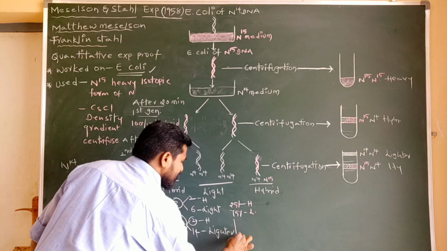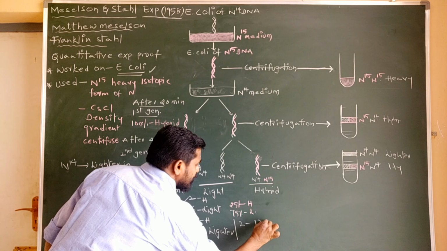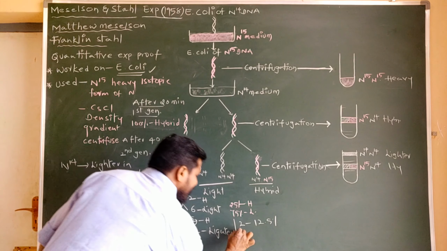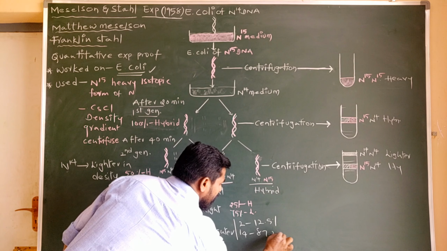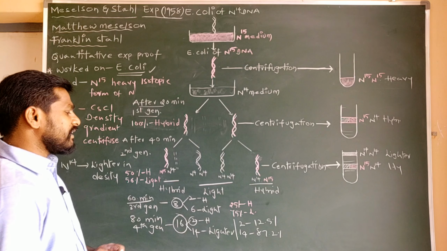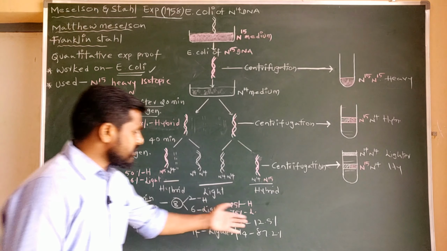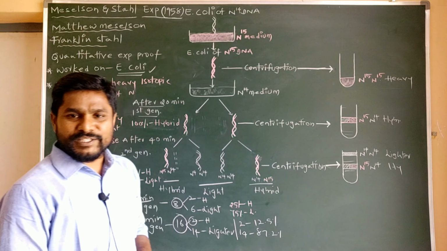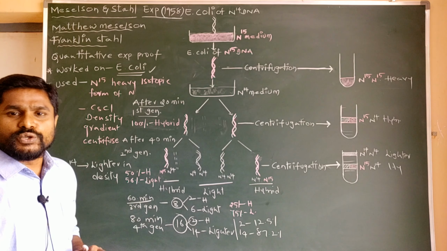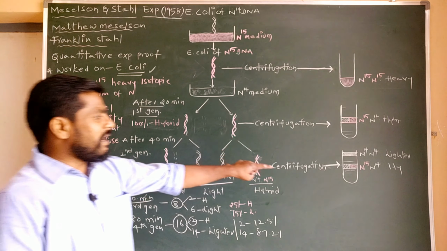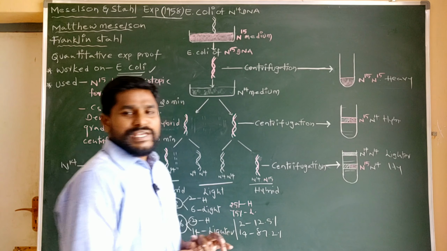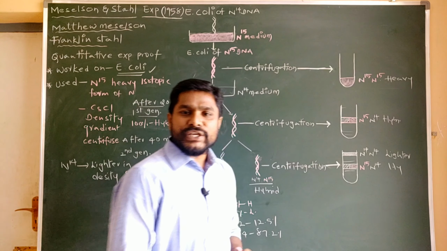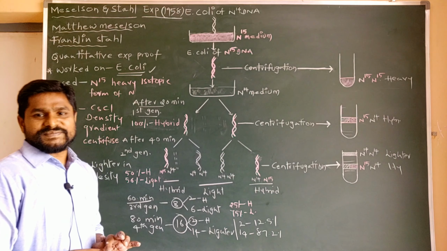Okay, and among these, the 2 means just 12.5% are having hybrid DNA, and 14 means 87.5% of E. coli cells are having lighter DNA. In this case also, after centrifugation, they got same a middle band and a top band. Nothing but from second generation onwards, they got a middle band indicating E. coli cells of hybrid DNA, and the top band indicating the E. coli cells of lighter DNA.